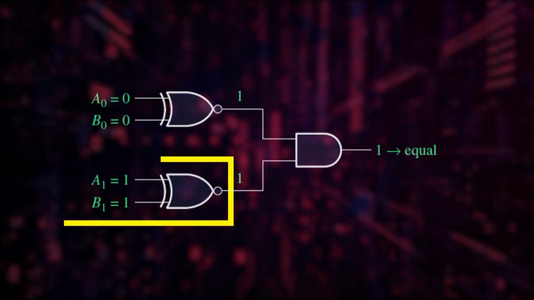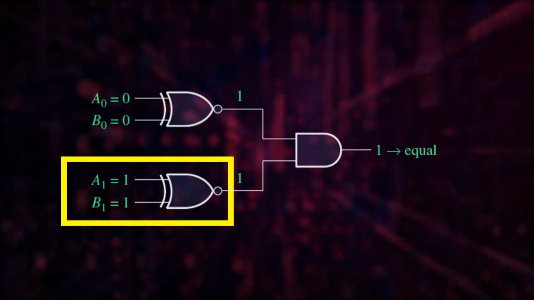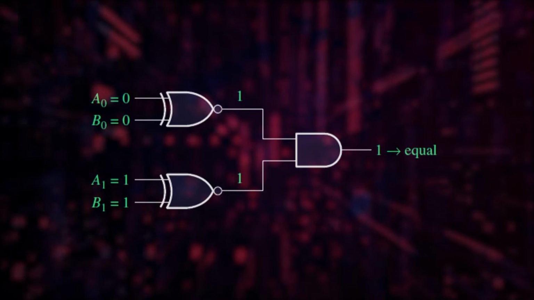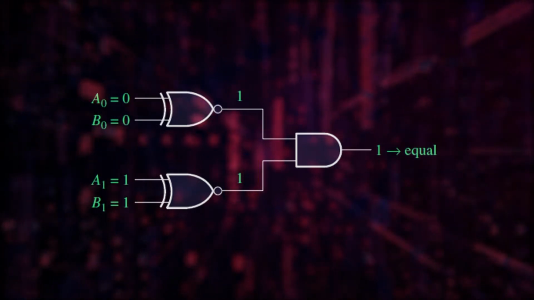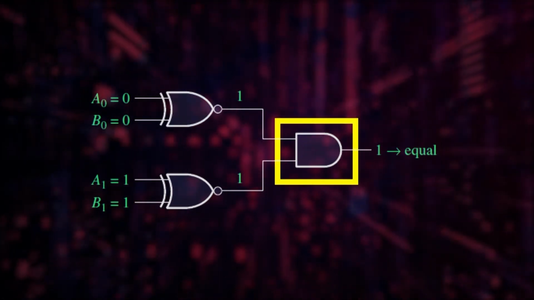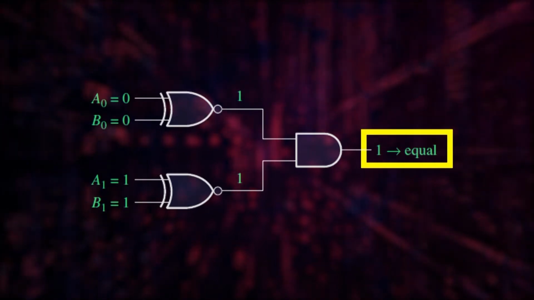Then the two most significant bits of the two numbers, 1 and 1, are fed into the second XNOR gate, which also produces the output 1 as they are equal. Outputs from the XNOR gates, 1 and 1, are then sent to the AND gate, which results in a 1 indicating the two numbers are equal.